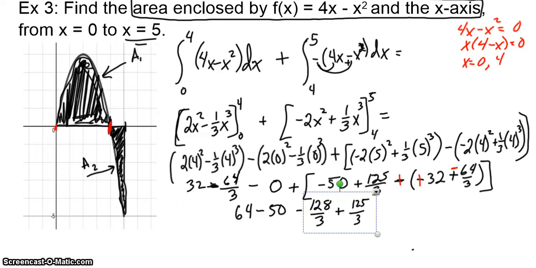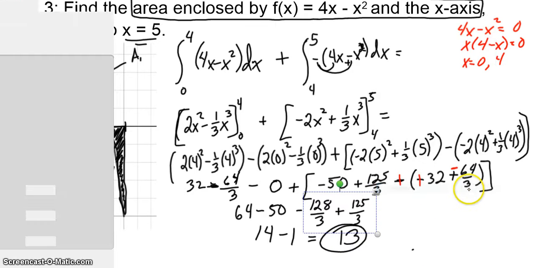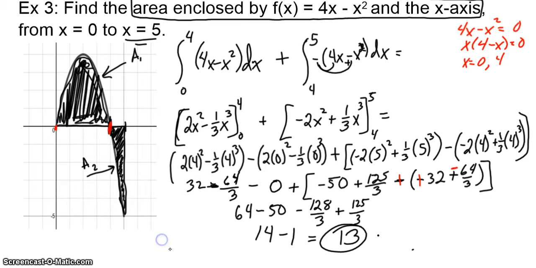Okay, so that total area is 13. Now, why didn't we have that before? Because we counted this A2 as a negative.